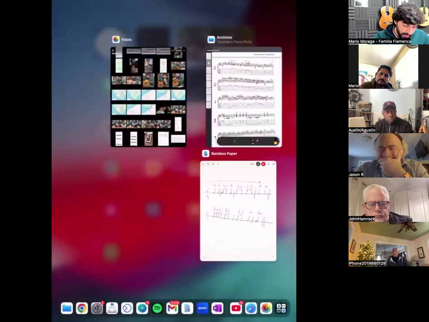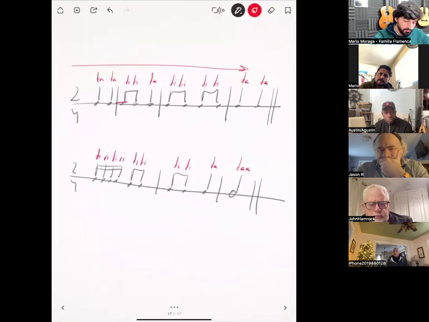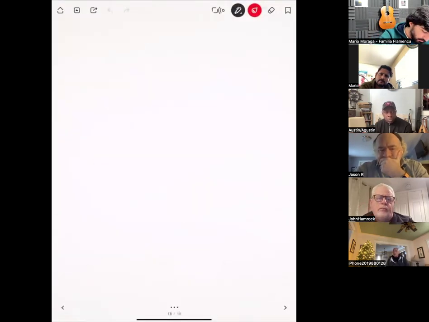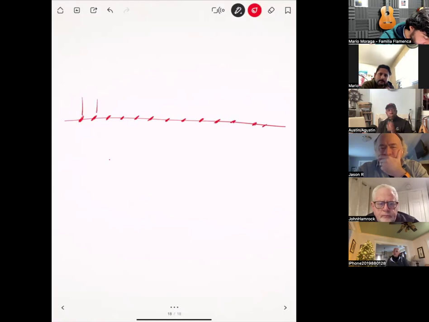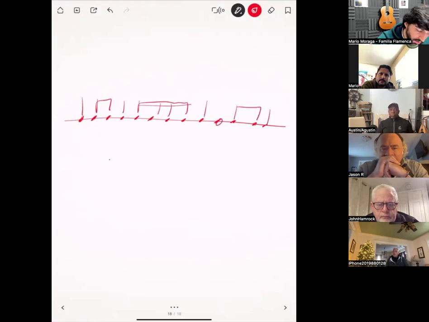You can go by yourself and just write down a line, paint so many cabezas, heads, I don't know how you call this, cabeza de la nota, the head of the note, and just paint some sticks. 1, 2, 3, 4, 1, a long 1, 2, and 1.